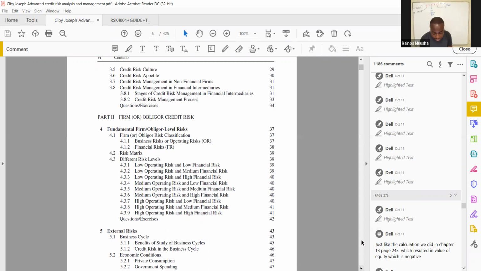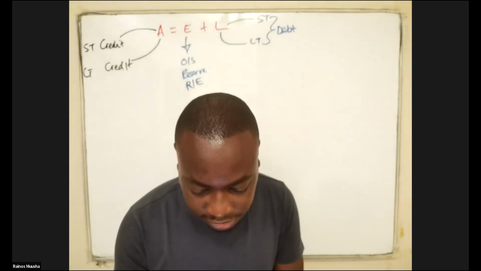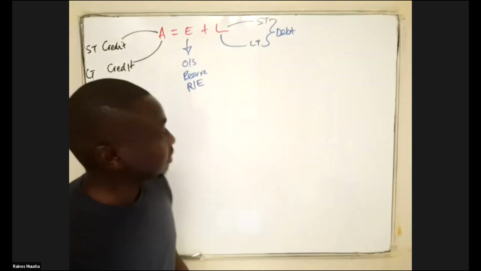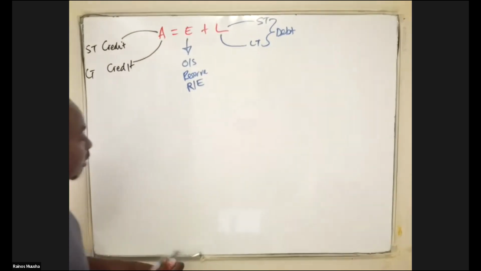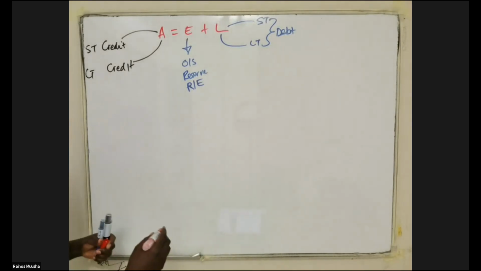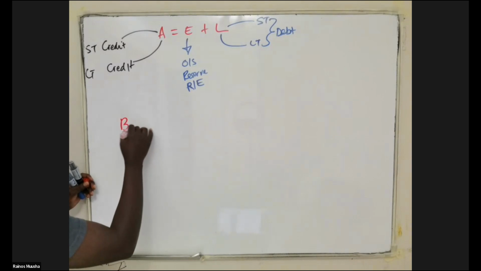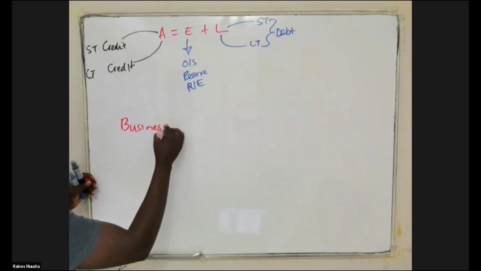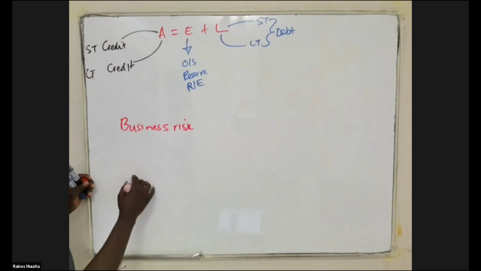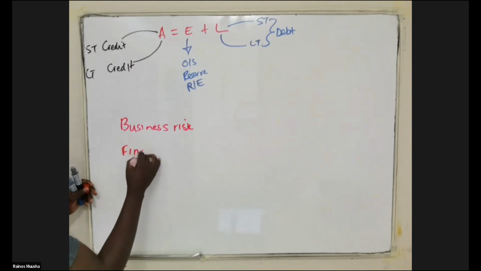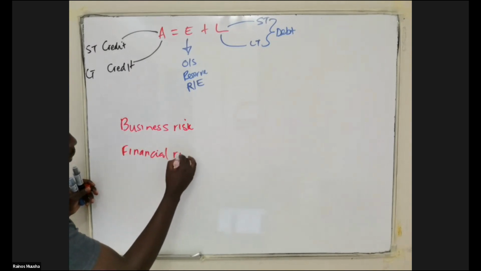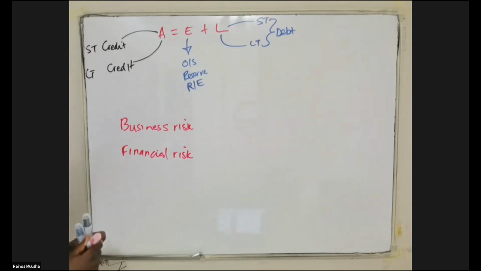When you're analyzing credit risk, credit risk is going to be emanating from 2 forms: business risk or financial risk.